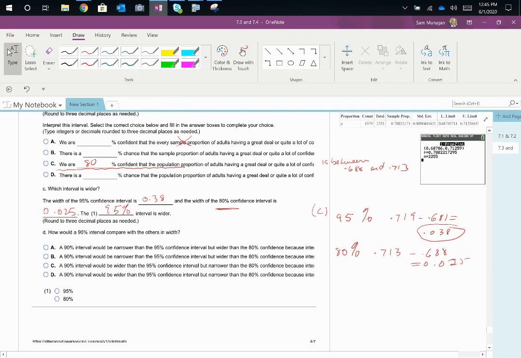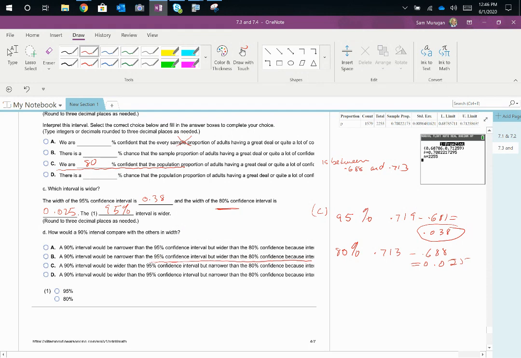Okay. Question: how would a 90% interval compare? So it appears that the higher the confidence level, the wider the width of that interval. So a 90% interval would be narrower than a 95%, but wider than an 80%.